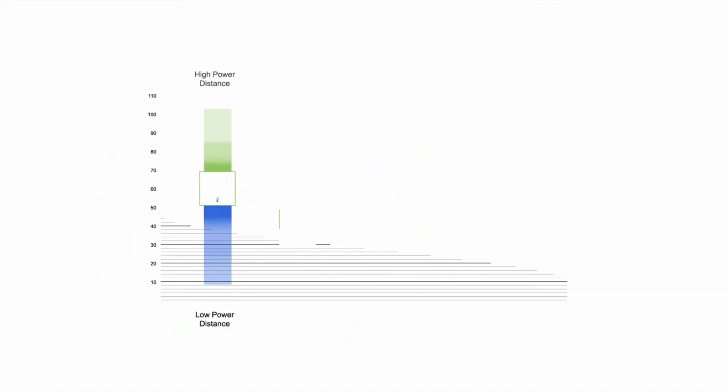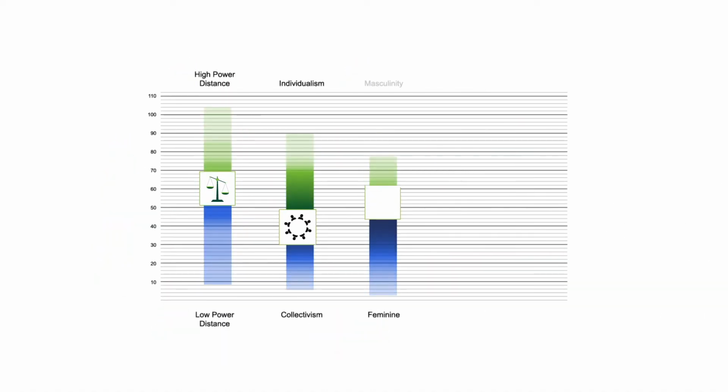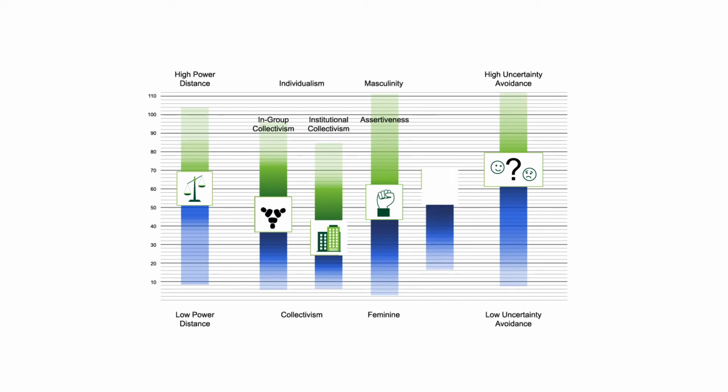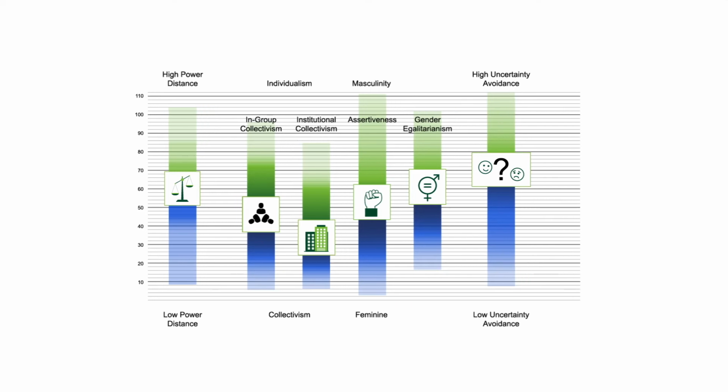The Globe Study leaves 2 Hofstede dimensions virtually unchanged: power distance and uncertainty avoidance. The 2 other Hofstede dimensions are split up into 2 further dimensions: collectivism into in-group and institutional collectivism, and masculinity into assertiveness and gender egalitarianism.